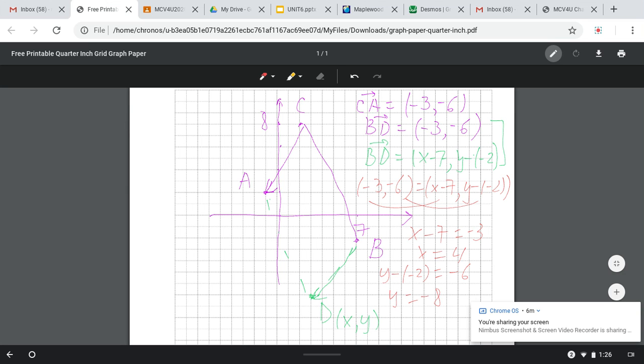So the coordinates of this point, of the point D, are 4 and -8. So if you understand the concept, then in exactly the same manner, you can find the other two options for the fourth point.